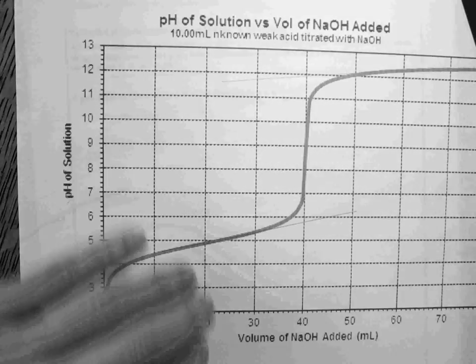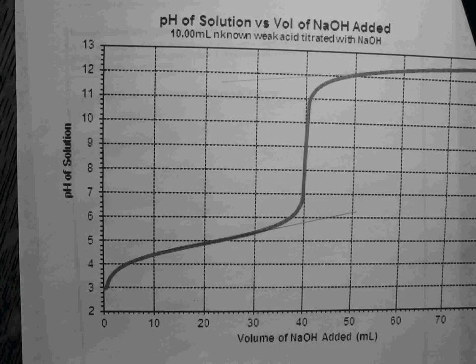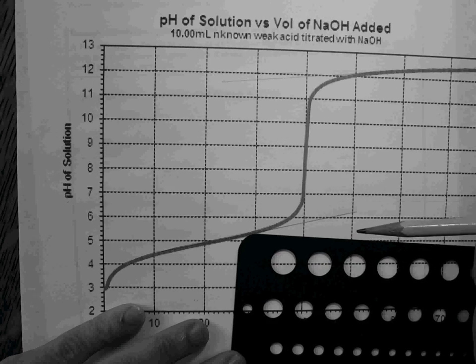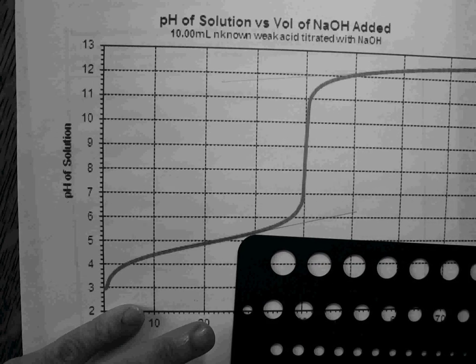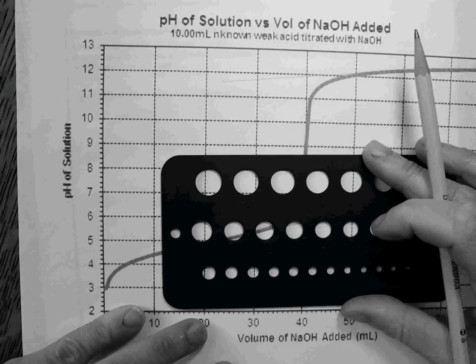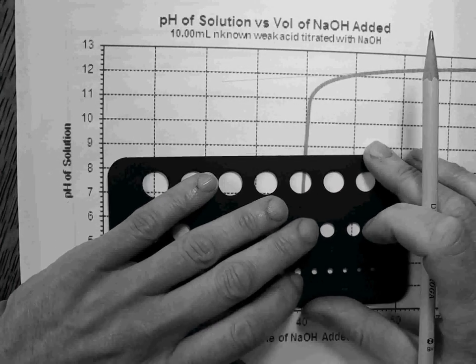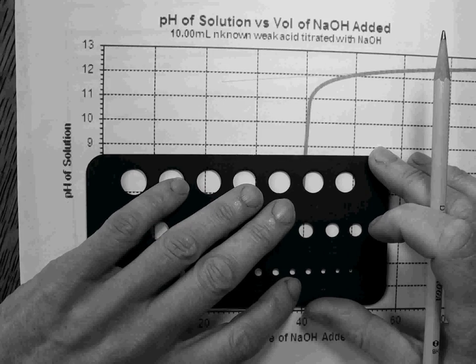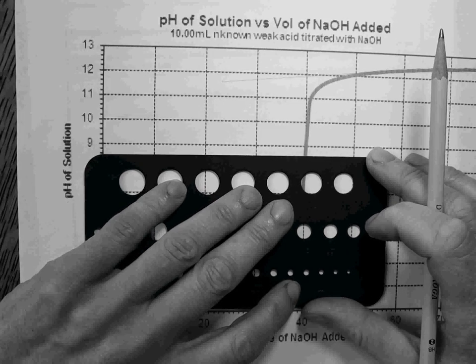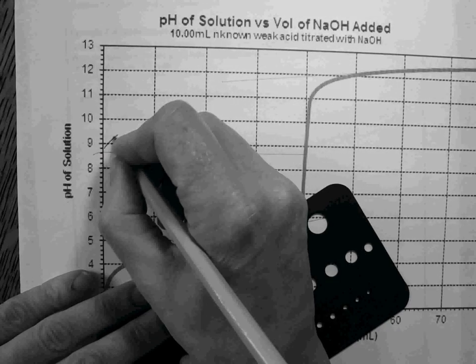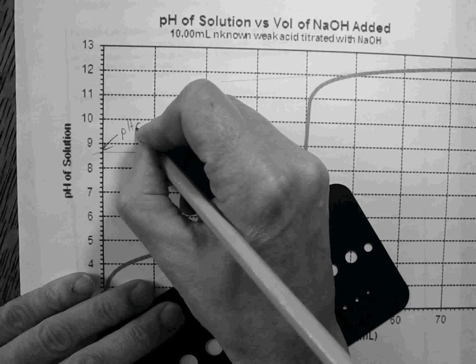So we go halfway up this slope, and if we measure it, we find it's going to be right about here. If we draw a flat line over, this is going to be the pH at equivalence.